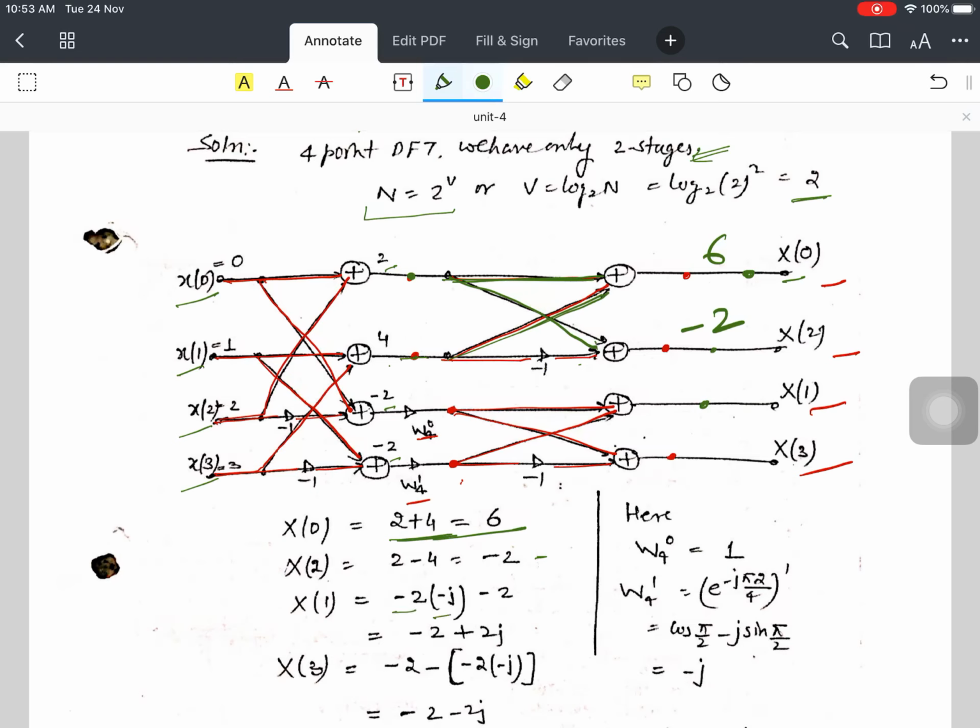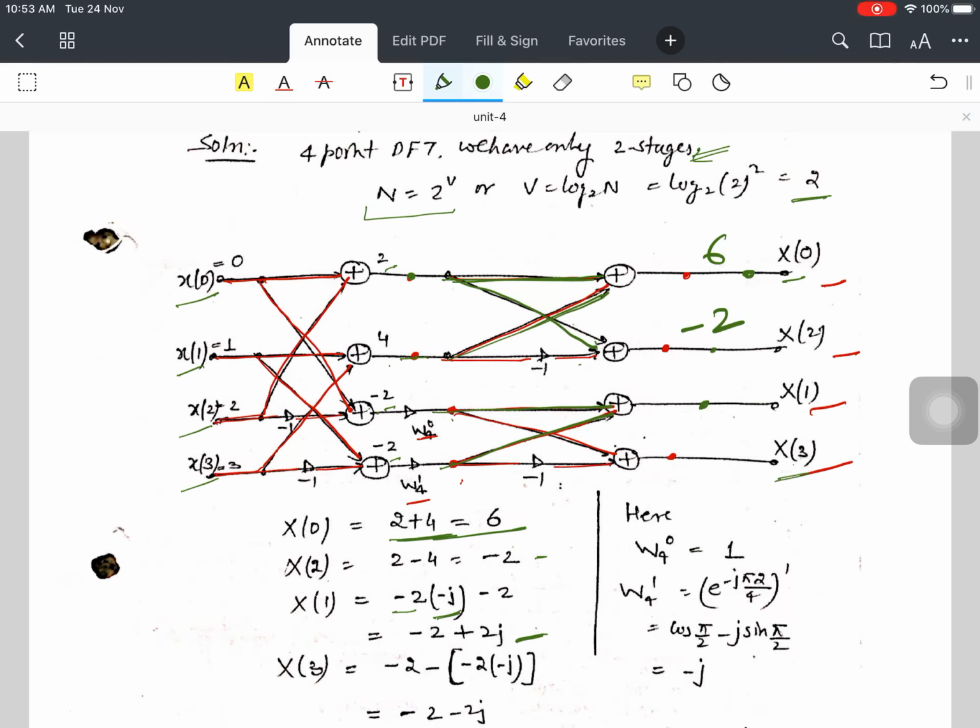So minus 2 multiplied with W4^1 gives 2j, while the other term is minus 2 multiplied by 1. So we get minus 2 plus 2j.